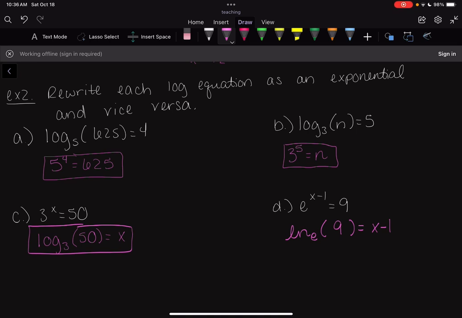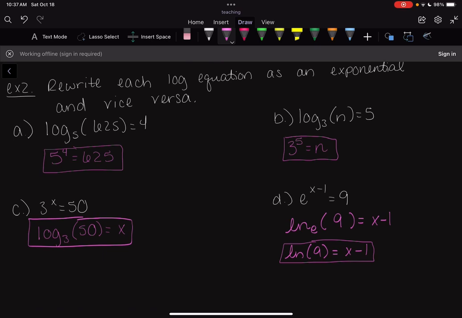Now we don't need to write that e on there, so I'm just going to write it as ln 9 equals x minus 1. All I was doing here was asking to move into the other form, so we won't worry about solving it any further. But if we wanted to solve this one, we would just add that 1 to the other side.